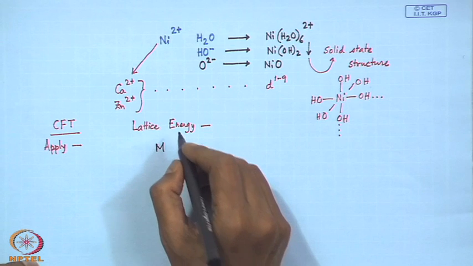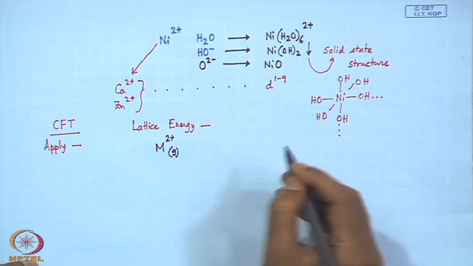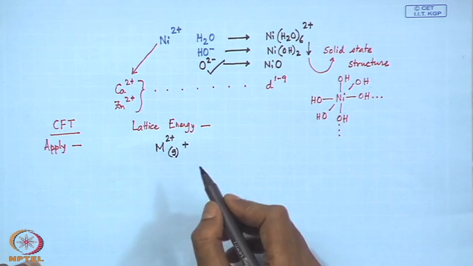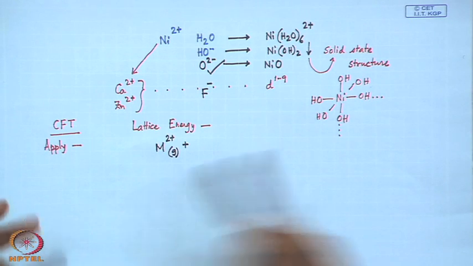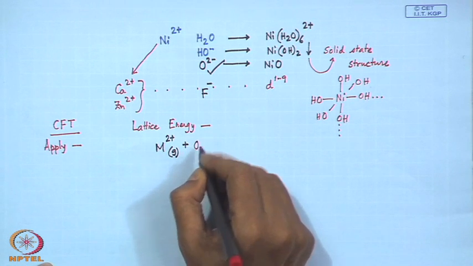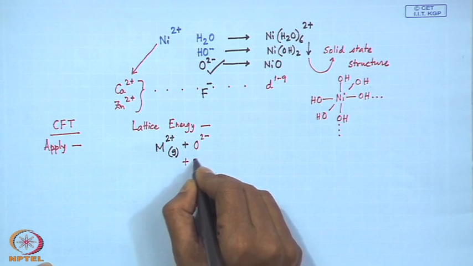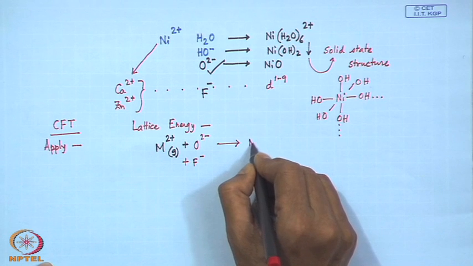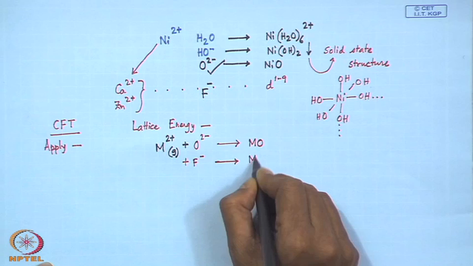So, when this metal ion, say M2 plus, is present in the gaseous state and reacts with certain anions like O2 minus or F minus, they give rise to the formation of the corresponding oxide or fluoride.